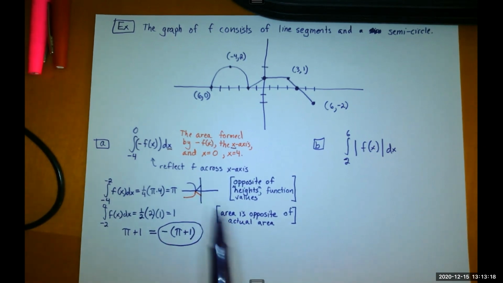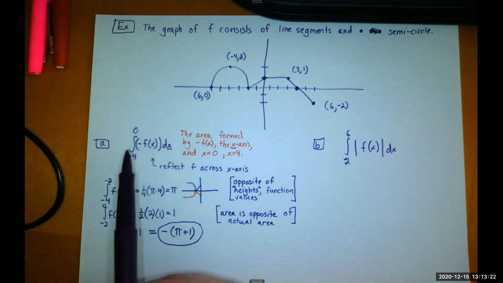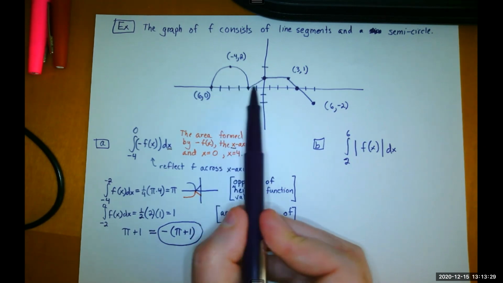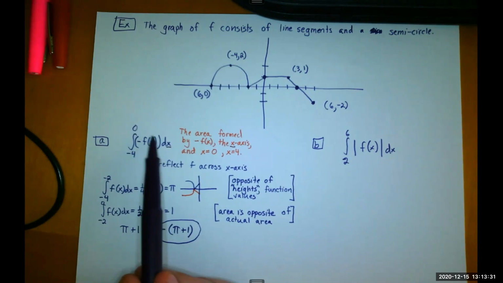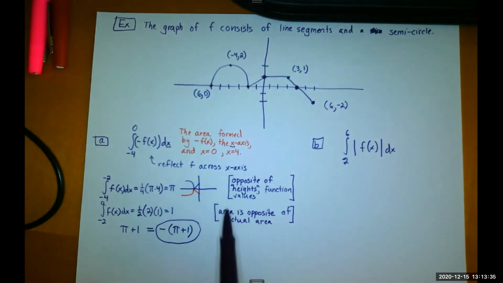So going back to the last one before we move on to the next one real quick, we're looking only at the graph from -4 to 0. And for the graph from -4 to 0, because we're taking the opposite of f of x, we reflect everything across the x-axis, like we learned about in math classes before calculus. And then we find the area.